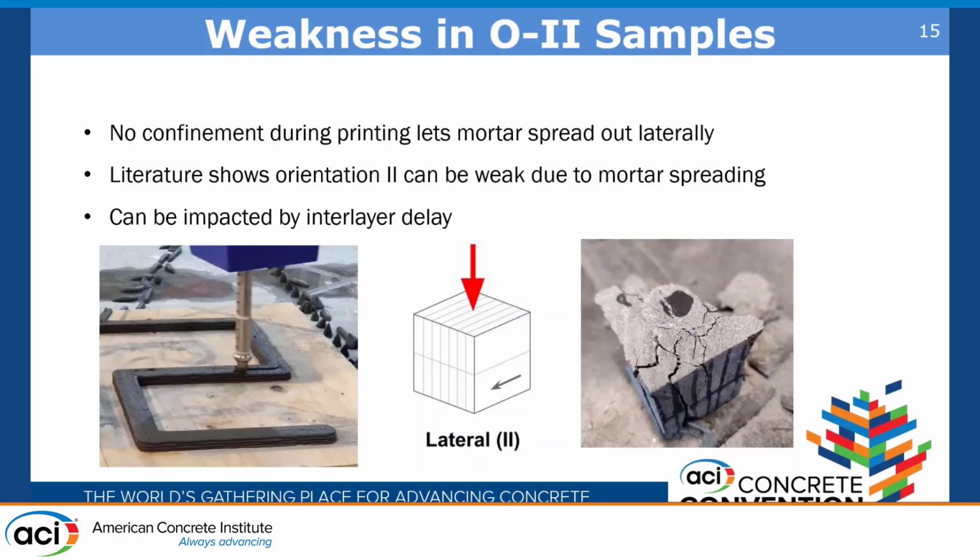Obviously, if an interlayer delay is too long, then one layer will start setting before the other layer, leading to cold joints. But if the delay is too short, then the first layer won't have time to set properly, and the layer placed on top of it will cause additional deformation, which will lead to lower strength.